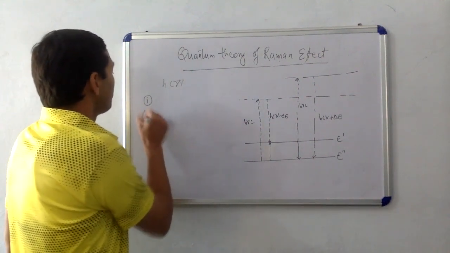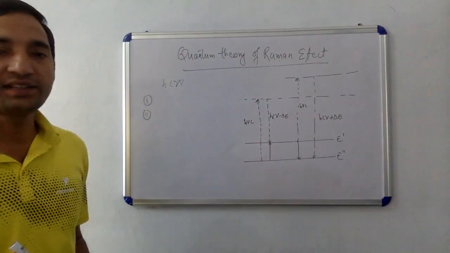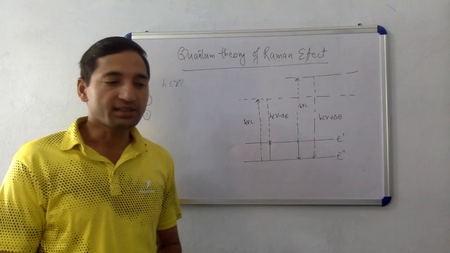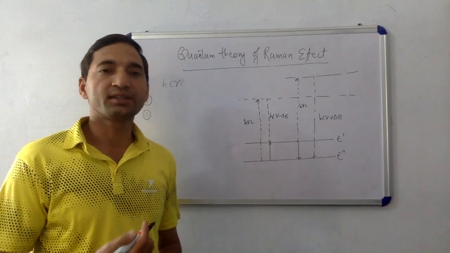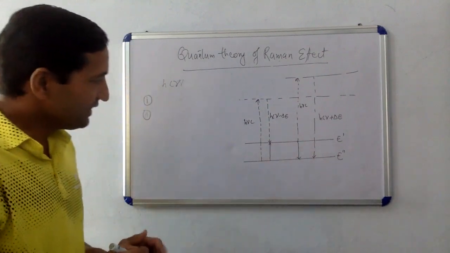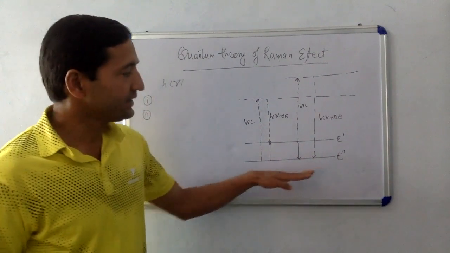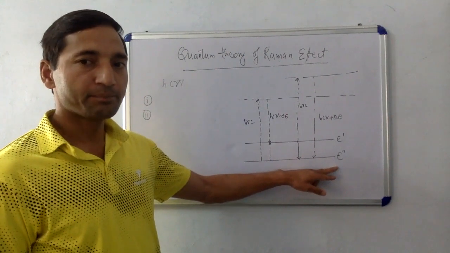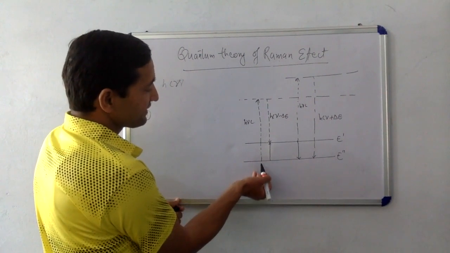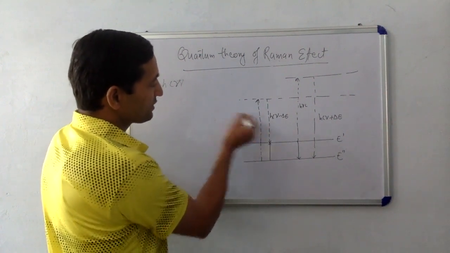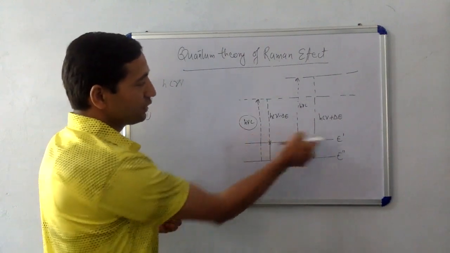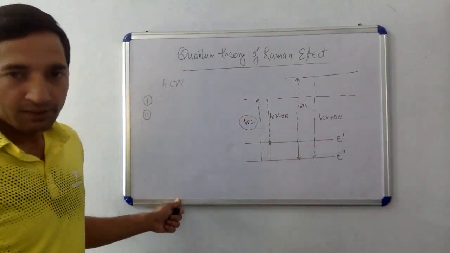In number two, the possibility is that the collision is inelastic. In an inelastic collision, the molecule may gain some energy or give energy to the photon. Suppose initially I have a molecule in an energy level E double prime, and it gets excited, takes energy from this photon hc nu, and de-excites to the energy level E single prime.